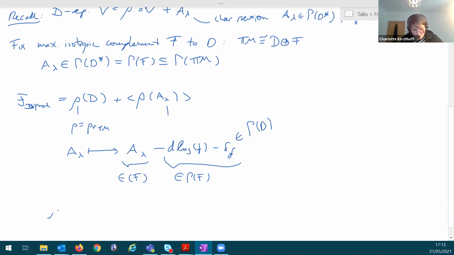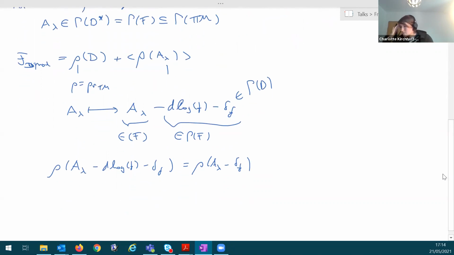And then rho of A lambda minus d log f minus del f is rho of A lambda minus del f. So the foliation again remains invariant because whatever we get to change this extra component was already in rho of d.